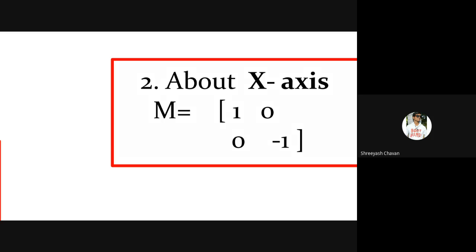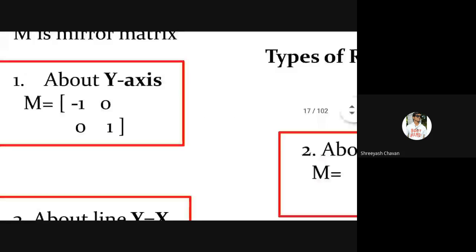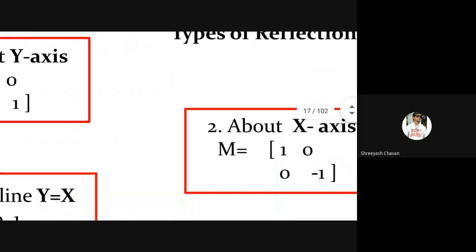For the exam, try to remember only one axis, and we know that for the other axis only the sign changes. For the y-axis it is -1 0 0 1, for the x-axis it is 1 0 0 -1. Very simple to understand.